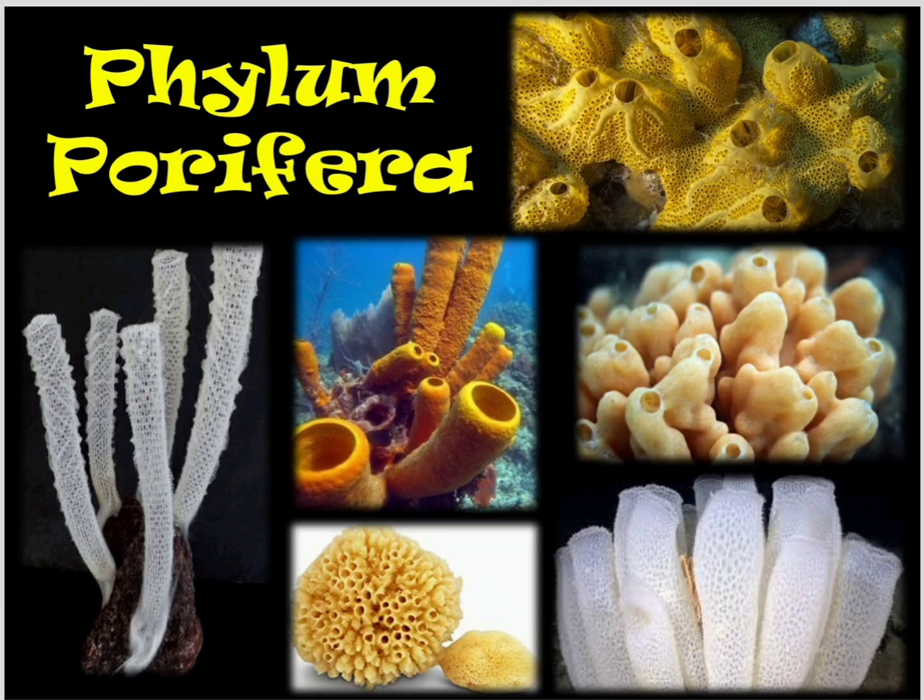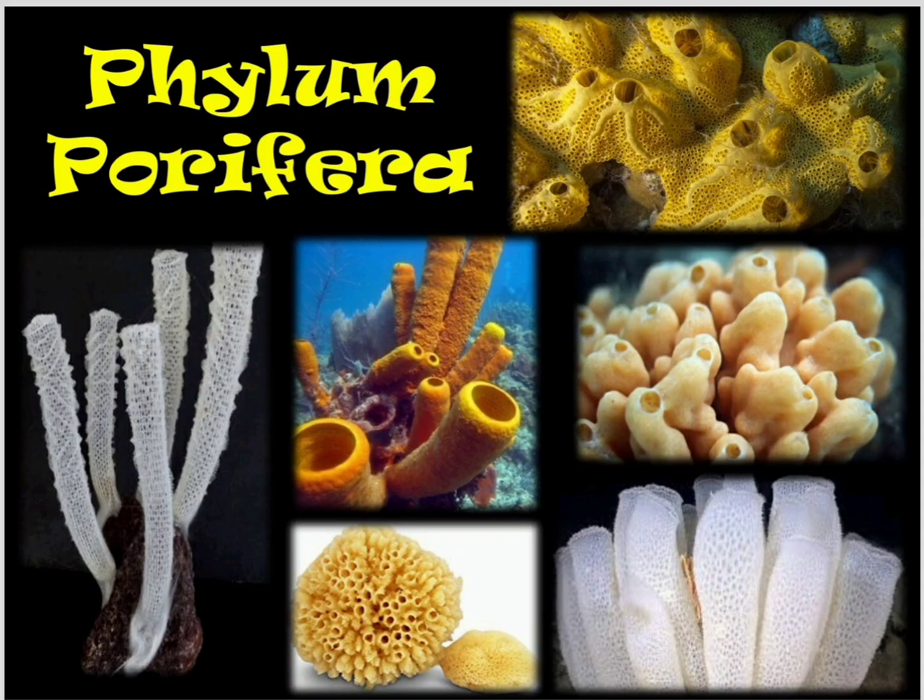So the examples of the animals which are found in this particular phylum are Cyclin, Sponge bath, the sponge which is used during bathing, then Hyalonema, and one more example which is given in your textbook, Euplectella.